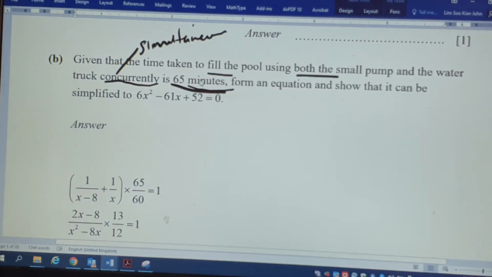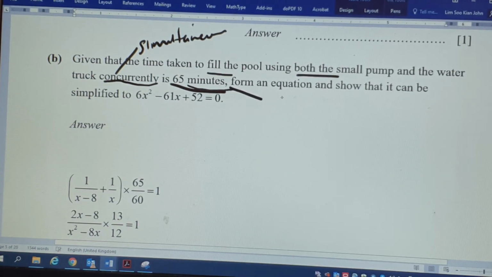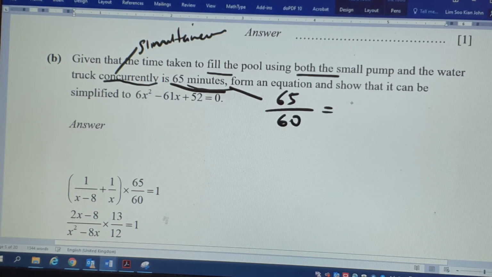You change this instead. Convert this to hours. This will be 65 over 60 of an hour. If you want to reduce to simplest form, you press calculator, and they will tell you this.